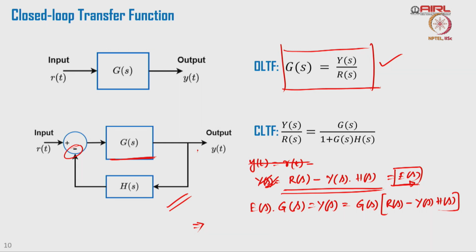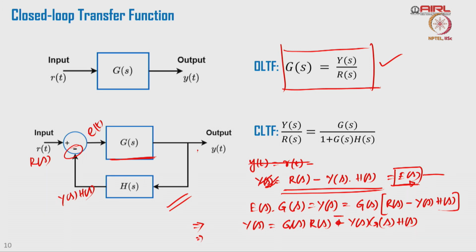The error here E(t), its transformation in Laplace domain is E(s), which is equal to R(s) minus, from here, Y(s)H(s) in Laplace domain, right, that we have done. So, finally, what we get is that Y(s) equal to G(s)R(s) plus Y(s)G(s)H(s), fine. So, not plus, it is minus, right.